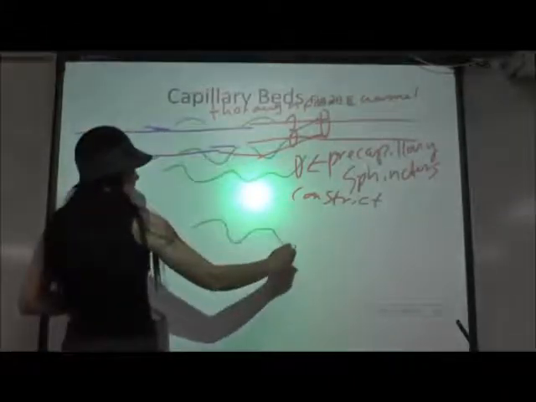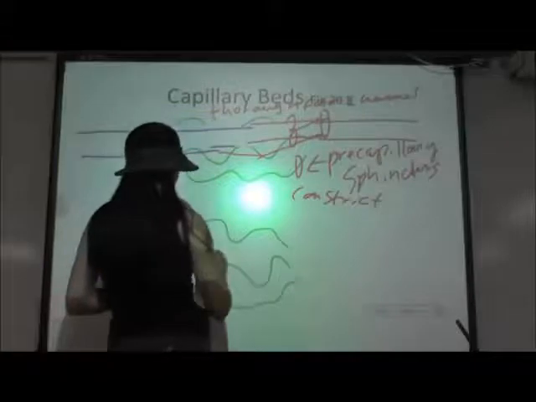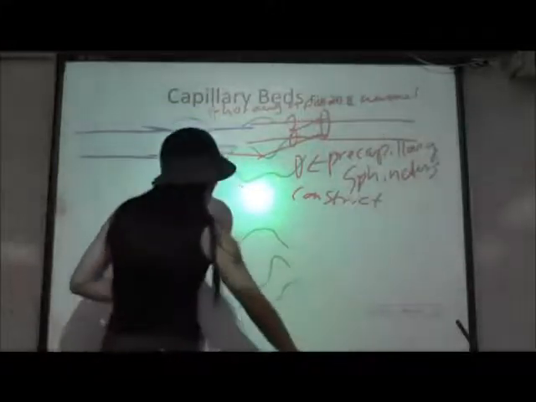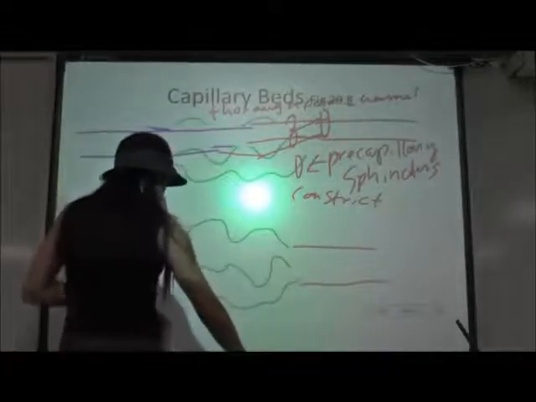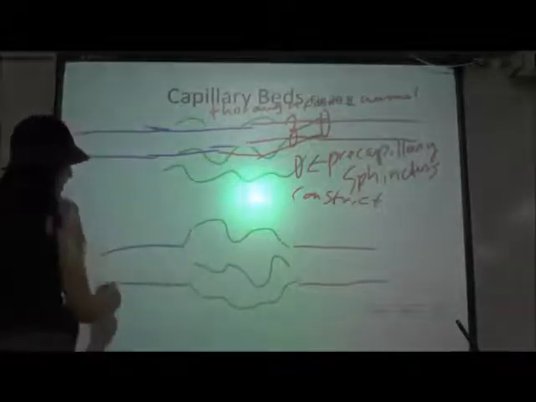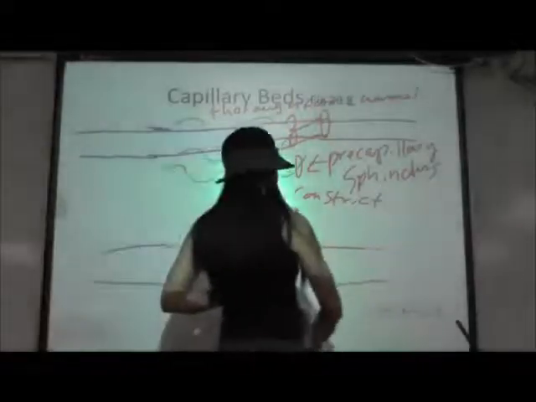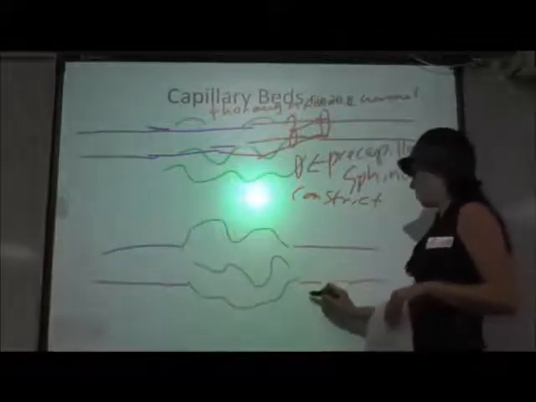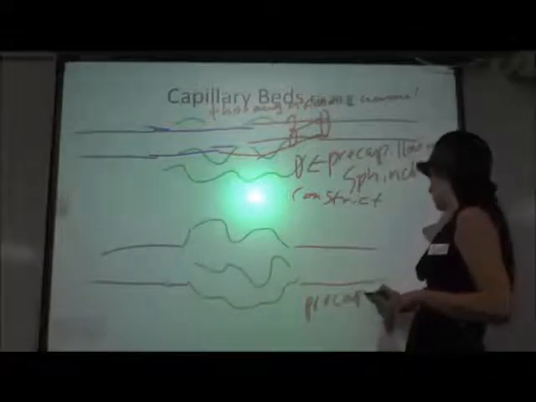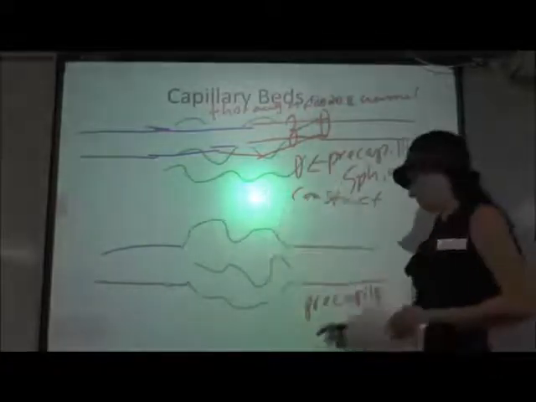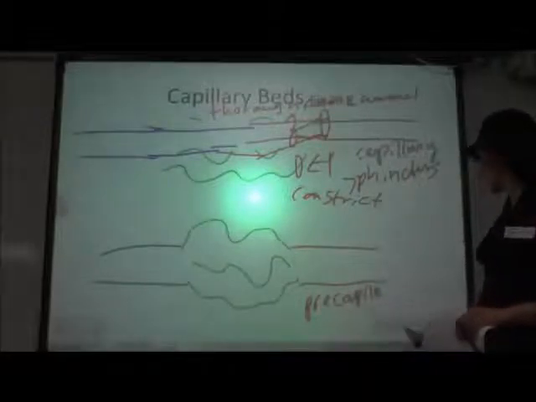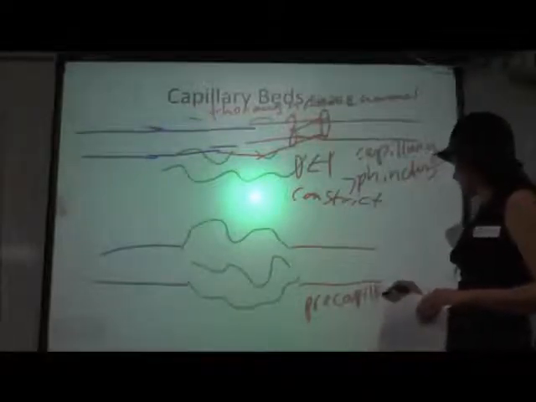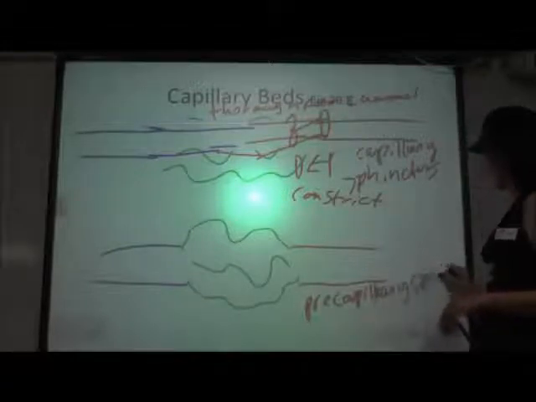If we've got a capillary bed and these tissues are nutrient and oxygen low, then that will allow the precapillary sphincters to dilate, and the blood will be able to perfuse the capillary bed so that we have nutrient and gas exchange. So on this side, we'll say our precapillary sphincters are relaxed, and there's a figure in your book, 20.5, that shows this in greater detail than this little picture I'm drawing.